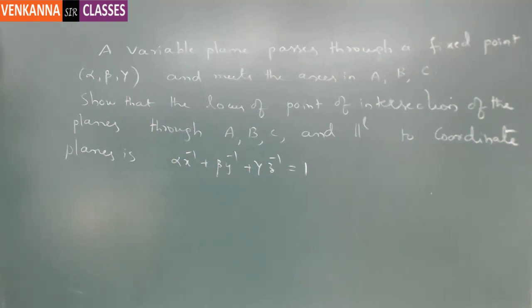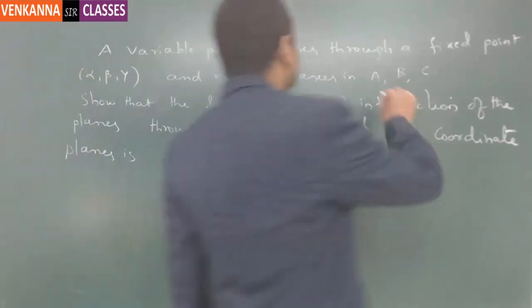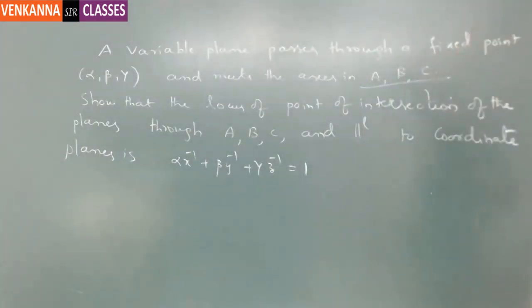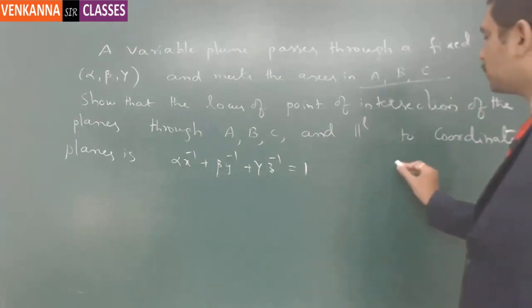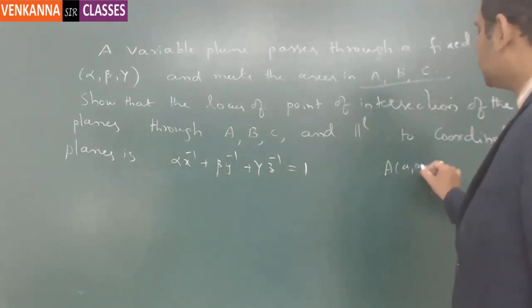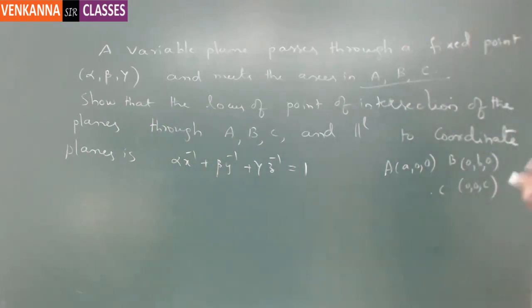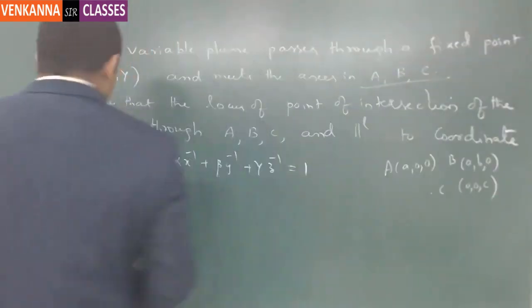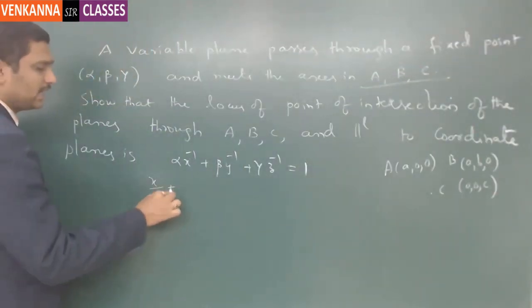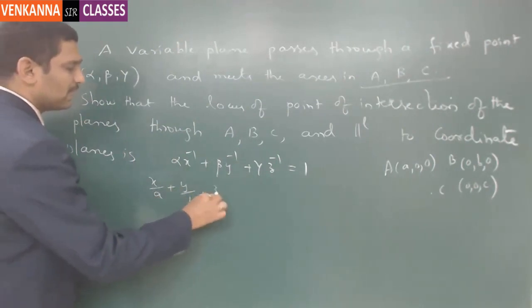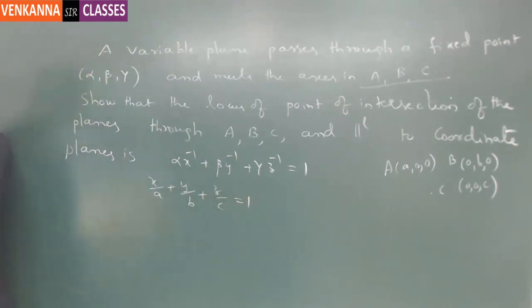Now, the first part will be done very easily. So you take a variable plane. Since he mentioned that it is meeting the coordinate axes in A, B, C, as usual, you take (A, 0, 0) the x-intercept, (0, B, 0) the y-intercept, (0, 0, C) the z-intercept. Obviously, the equation of the plane is nothing but x/A + y/B + z/C = 1.